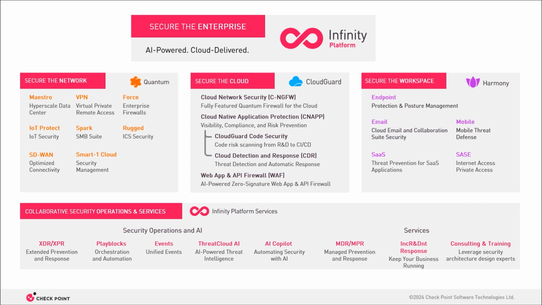CloudGuard, includes in it 3 complementary modules: our Cloud Network Security, which is a cloud-adapted version of our award-winning next-gen firewall, which includes complete access control enforcement, intrusion prevention, VPN support, and identity awareness; our cloud-native security platform that offers simple agentless onboarding, cross and inter-cloud visibility, automatic compliance enforcement, incident response, and more; and our groundbreaking zero-day prevention web application and API firewall.